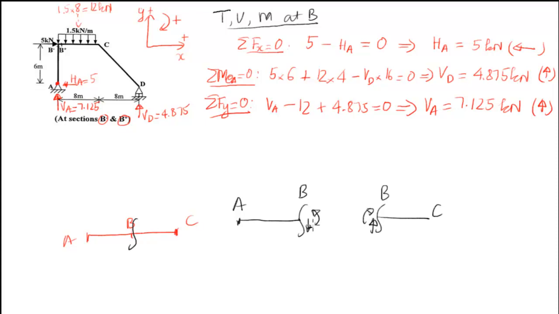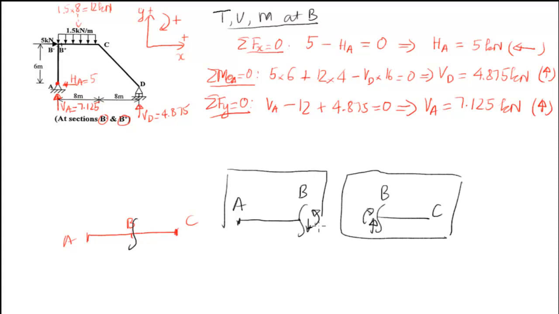So this is just to remind you about mechanics of materials 1. Okay, I assume you already learned this in second year, so I will skip this. So now apply to this question. When they say B positive and B negative here, B positive means from this side to the right, and B negative is from this side.